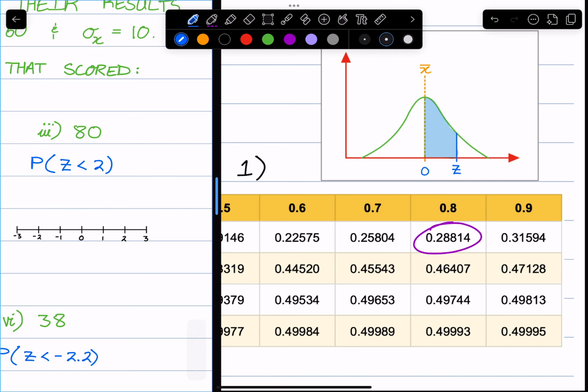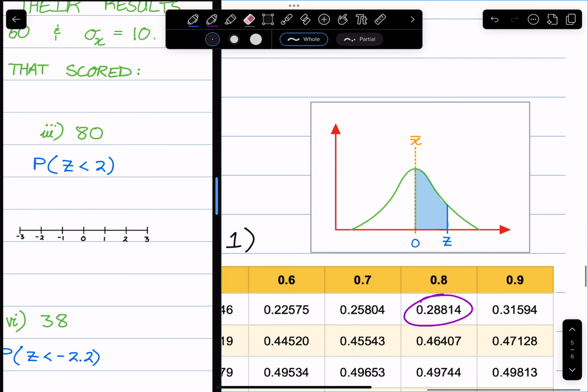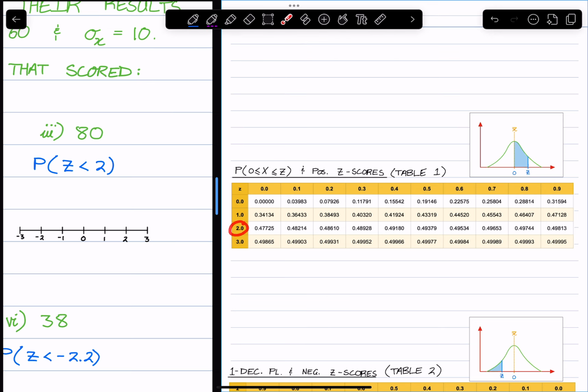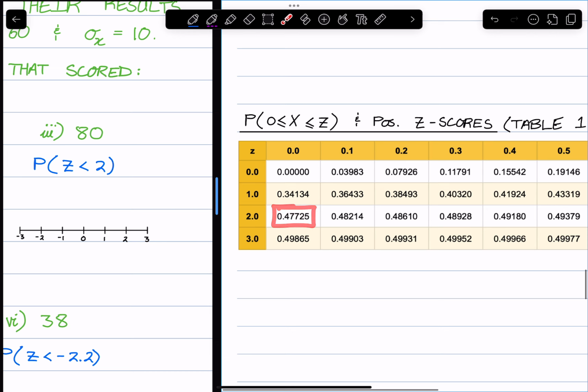Z-score of 2, so everything below that. So going to Z-score of 2.0, shows there 47.725%. But again, remember, this is only calculating everything from that z-score to halfway. So to this, we need to add 50%.